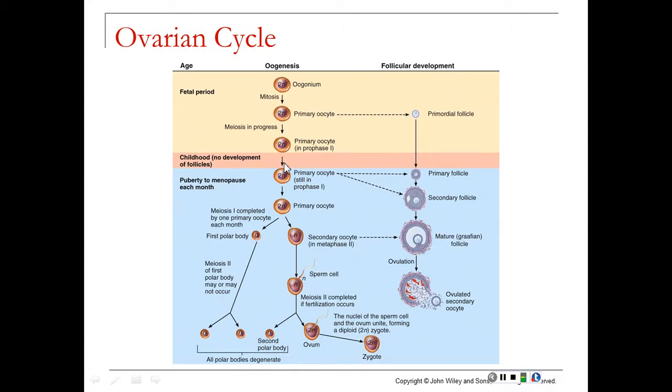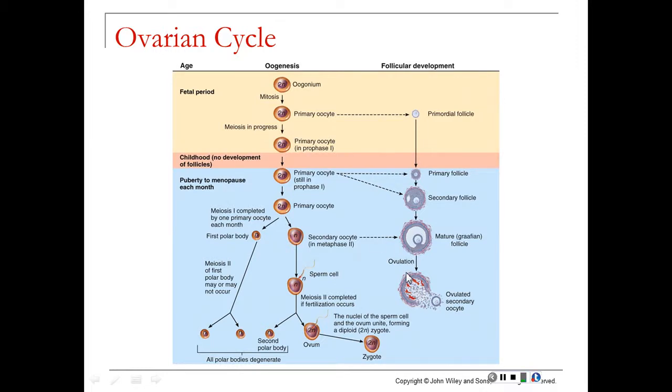Once puberty onsets, these primary follicles begin to develop, and you can see here, a primary follicle is going to eventually turn into a secondary oocyte, in this case, releasing the first polar body from the first cell division.